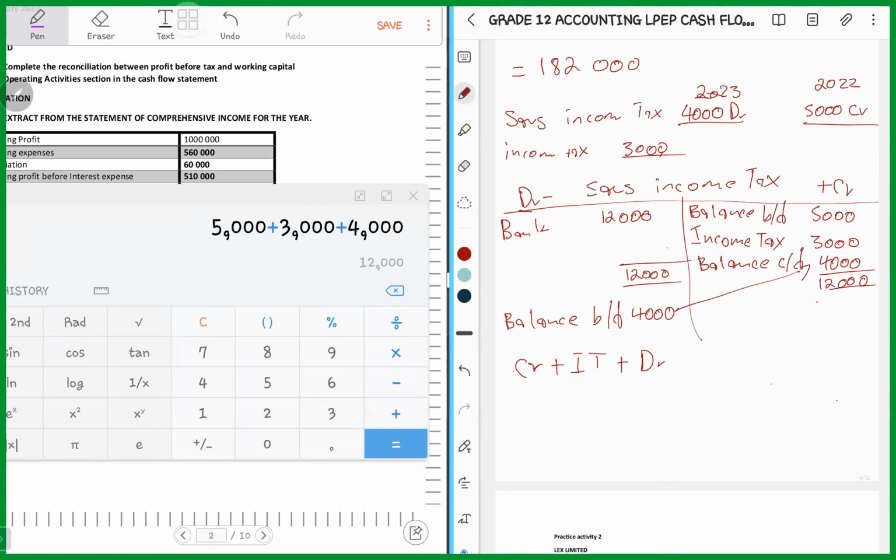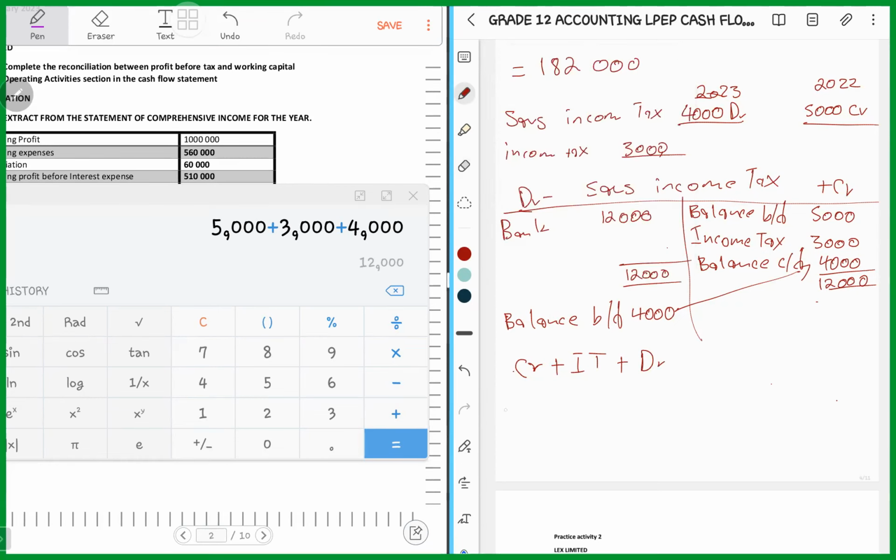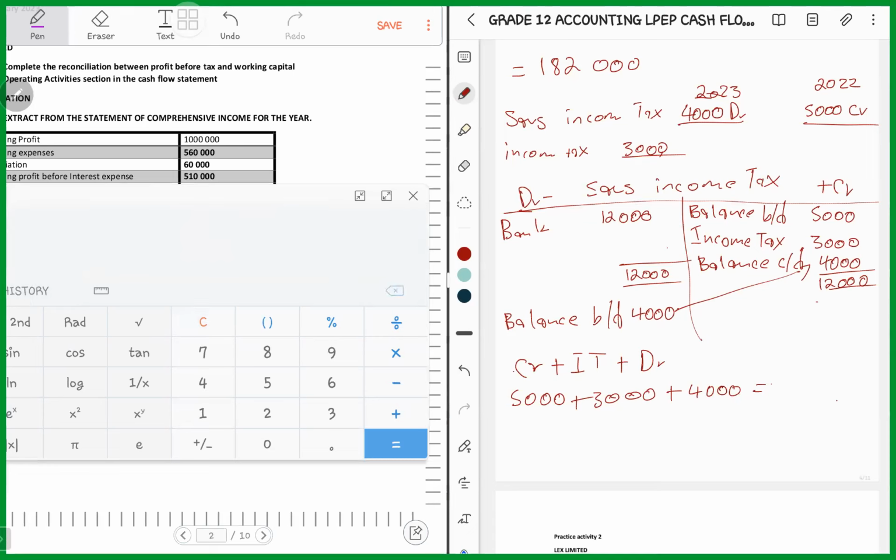That is the third way of doing it. Let me resume it first. It's going to be the opening of 5,000 plus the income tax for the year of 3,000 plus the debit balance of 4,000. So it will be 5,000 plus 3,000 plus 4,000. It's 12,000.